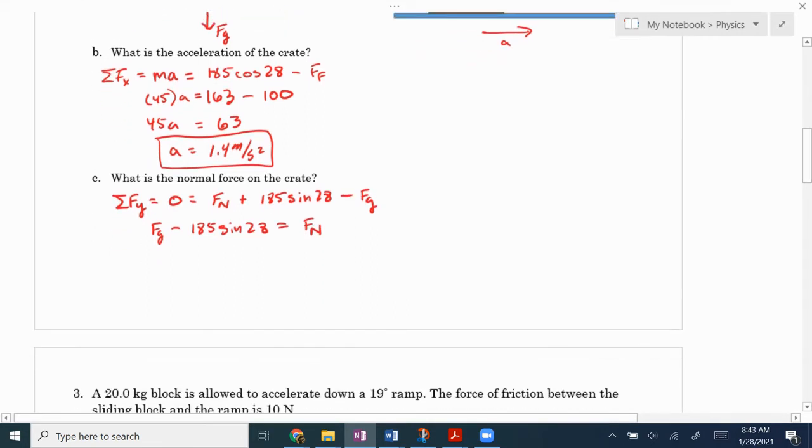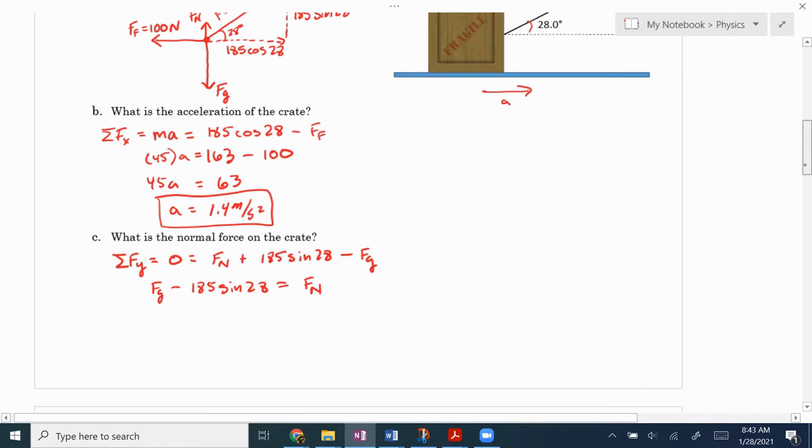So now we can solve. Force of gravity is a 45 kilogram thing times 9.8, minus 185 times the sine of 28 degrees, which is 86.9.